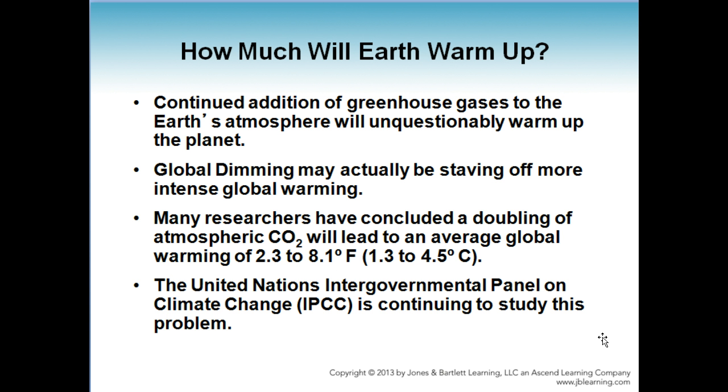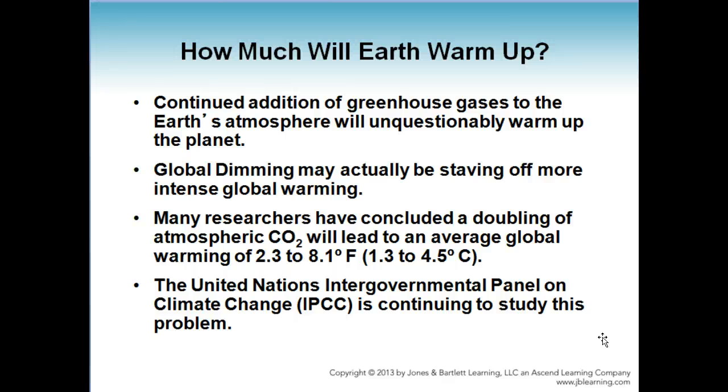So how much is the Earth going to warm up? Continued addition of these so-called greenhouse gases to the Earth's atmosphere will unquestionably warm up the planet. That said, global dimming may actually be staving off more intense global warming because, in addition to CO2, other particulates are going up into the atmosphere, blocking some of the sun from reaching the Earth's surface.